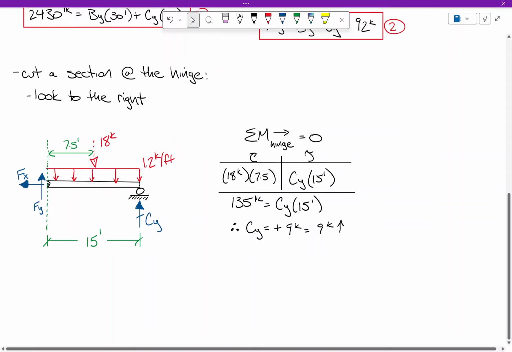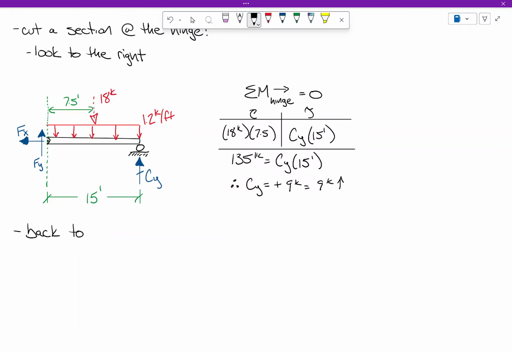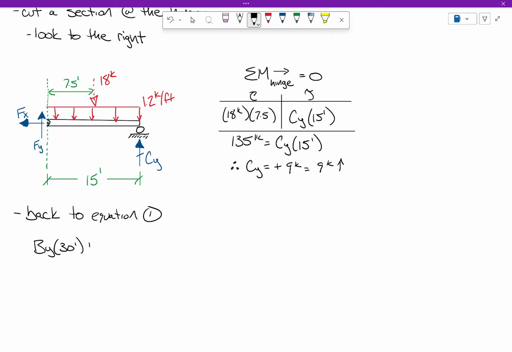Okay, so what we'll say is, back to equation 1. Okay, so equation 1 was By times 30 plus Cy times 60 is 2430.